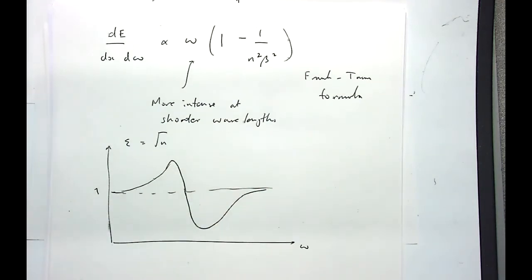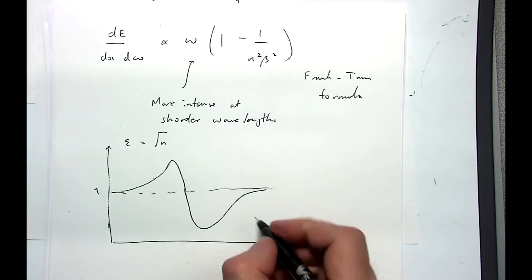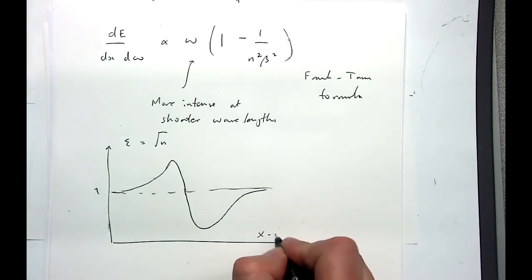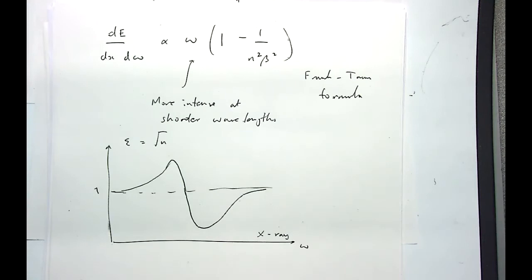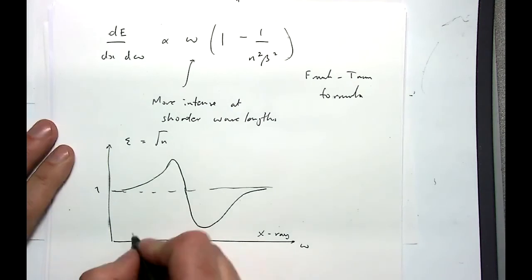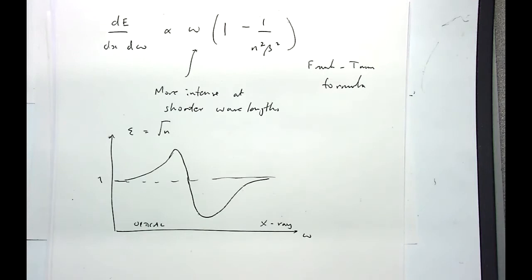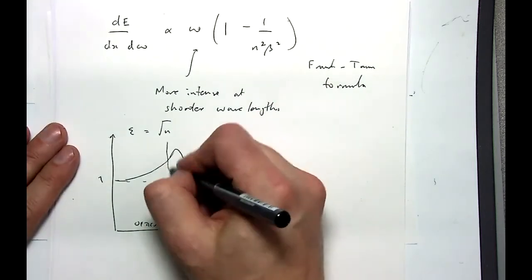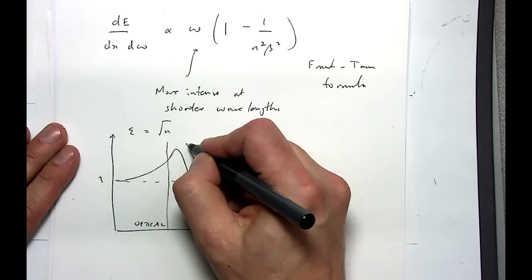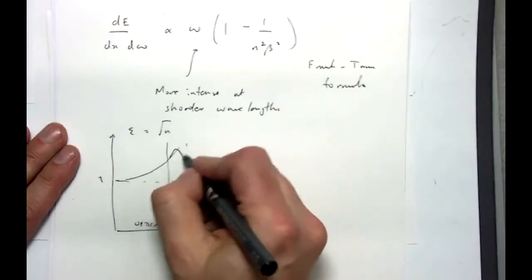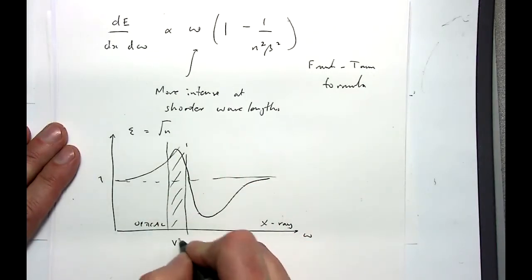And remember, we said it had to go to 1 at very, very high frequencies. So in water, this is up here in the X-ray part of the spectrum, and this is what you might call the optical spectrum down here, because of course this is related to those transitions that we talked about previously. And importantly, in water, this region here, where the refractive index is significantly above 1, is our visible part of the spectrum.